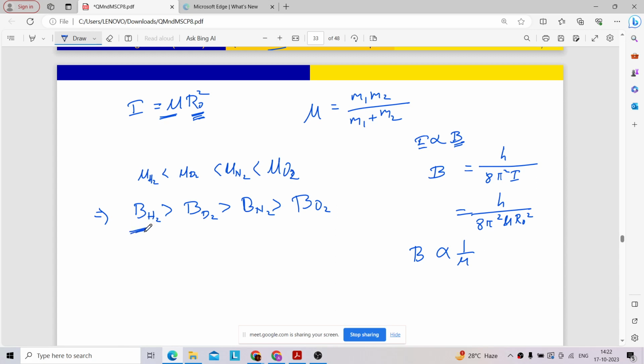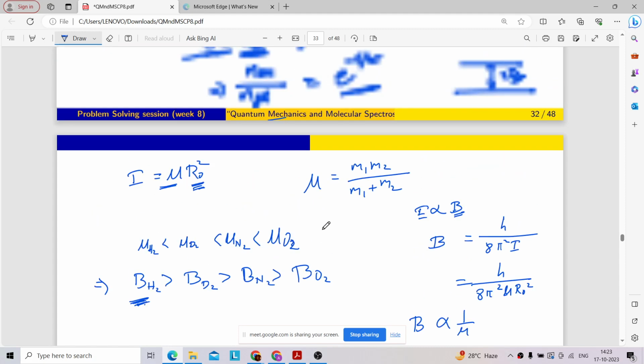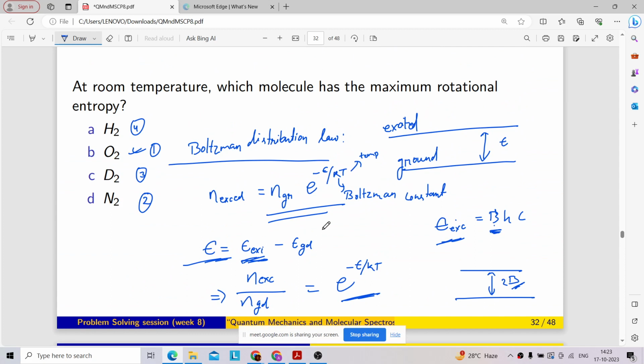So the rotational constant for hydrogen will be higher compared to the other molecules, right?